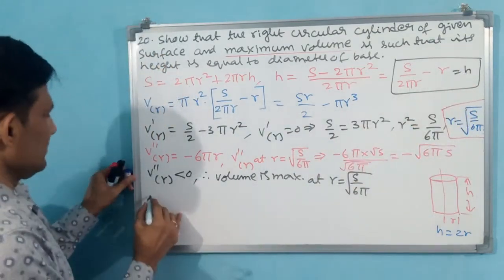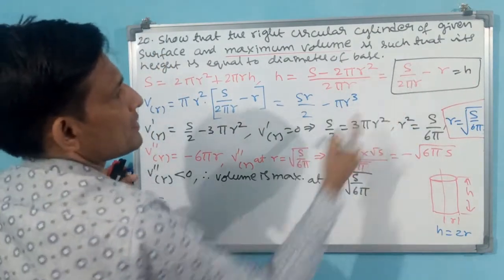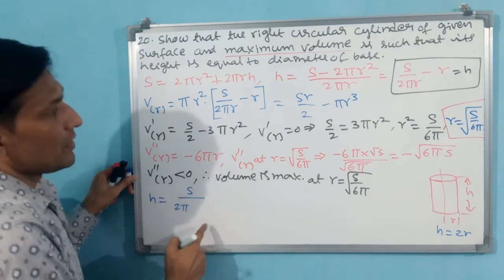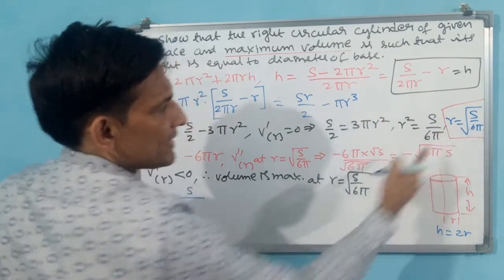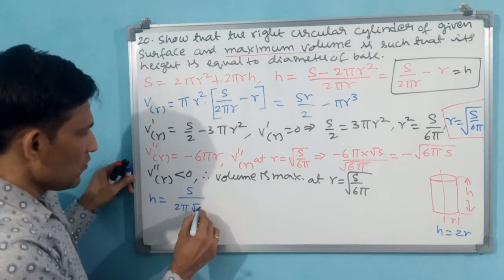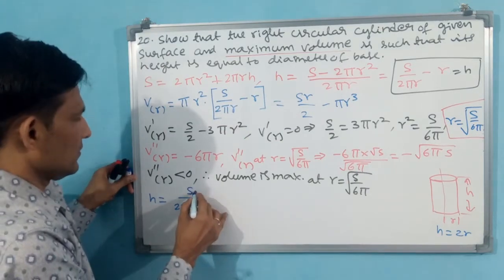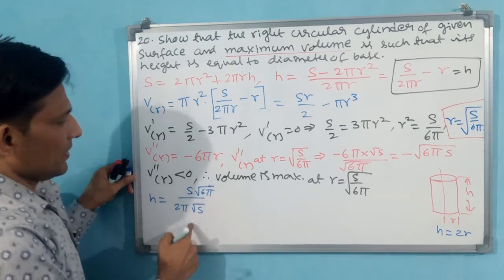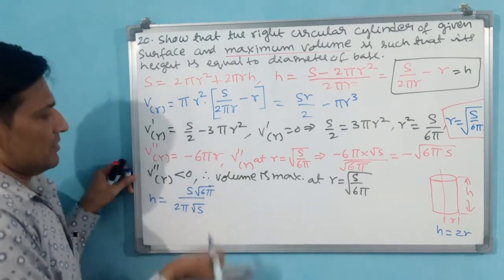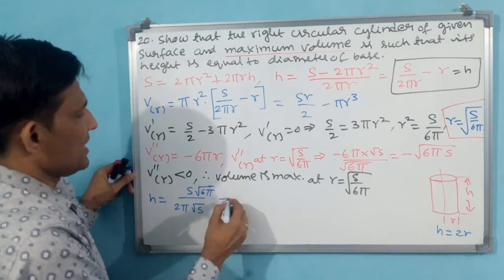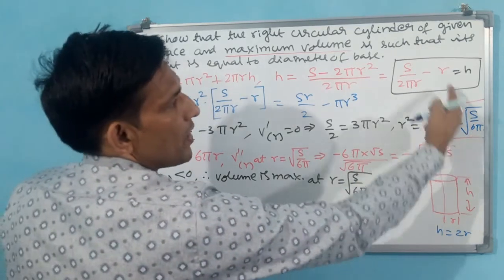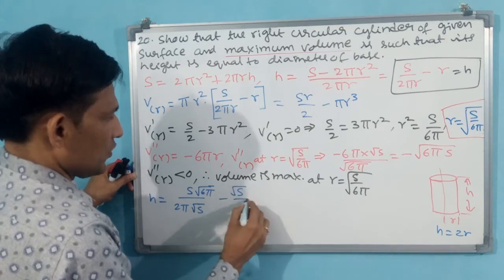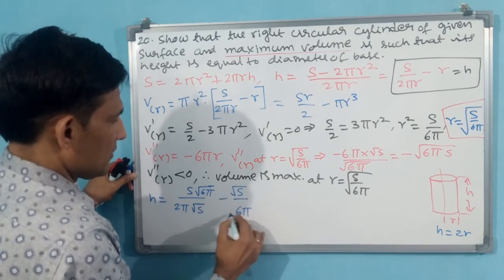Height h is equal to s by 2 pi r. r I am writing like this: root s by root 6 pi. Is it okay? Minus r, completely you write down, root s by root 6 pi.